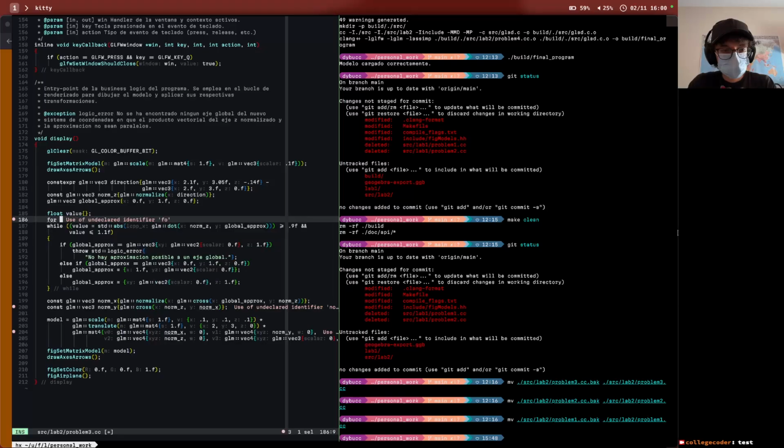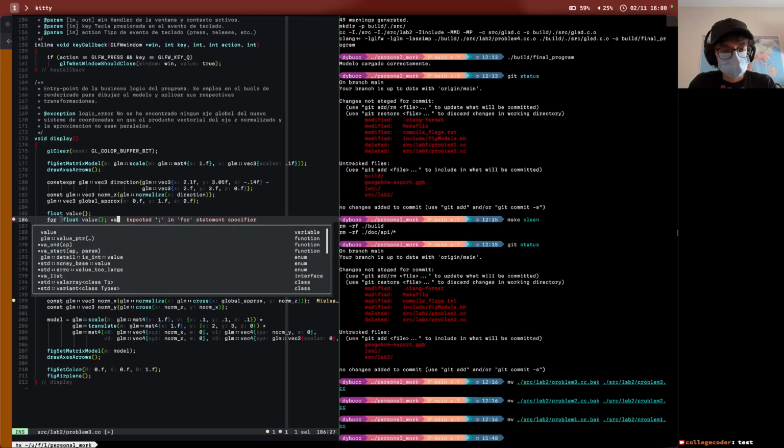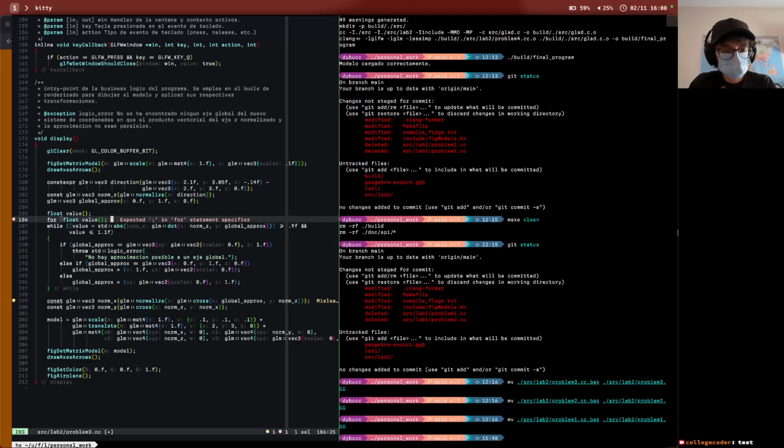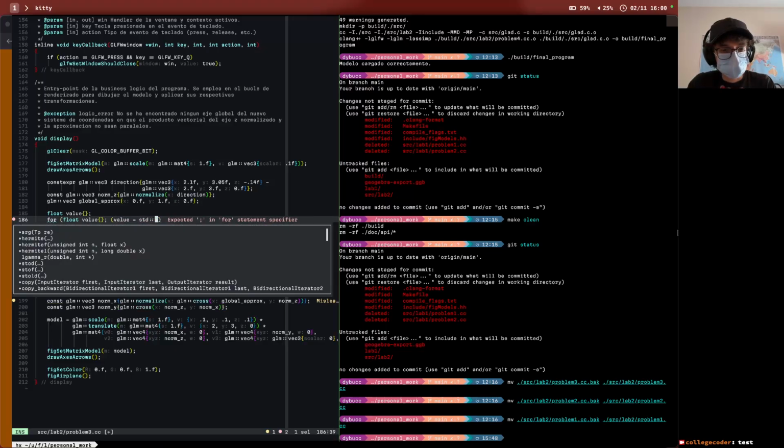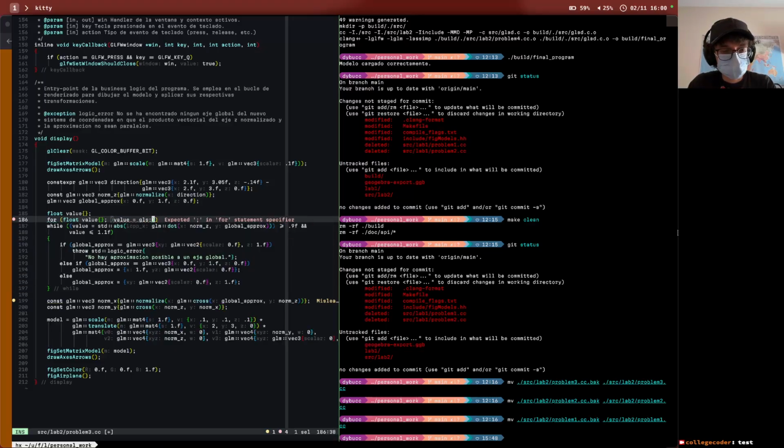I could change this to be a float value. The value is going to be s, well, we're going to use now glm abs, glm dot, the norm of z, the normalized z.